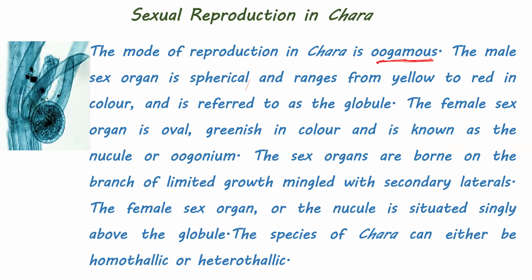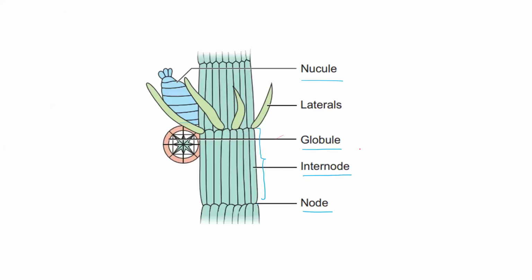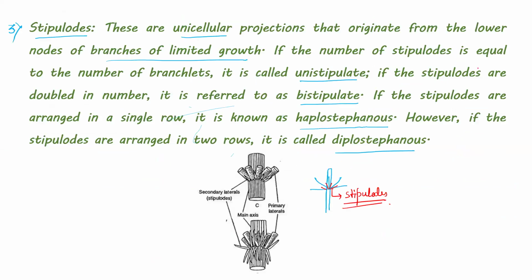Clear? Next, the male sex organ is spherical and ranges from yellow to red in color and is referred to as globule. In this picture, this is the male sex organ and this one is the female sex organ.